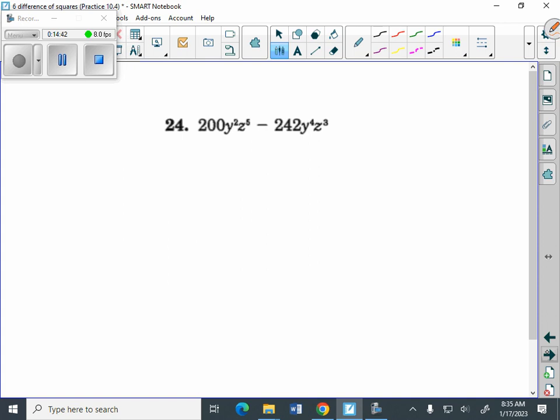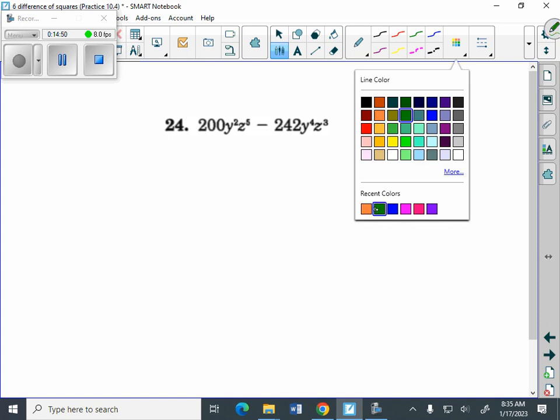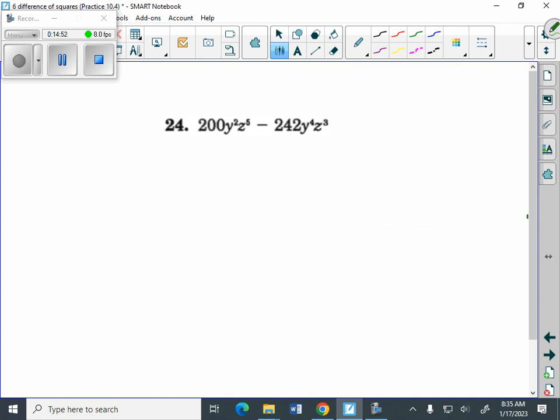We're kind of in this mode now of taking a close look and saying, well, do we have a greatest common factor? And between 200 and 242, we at least have a greatest common factor of 2. Those are both even numbers, so we can factor out a 2. We have a y squared in the first term.